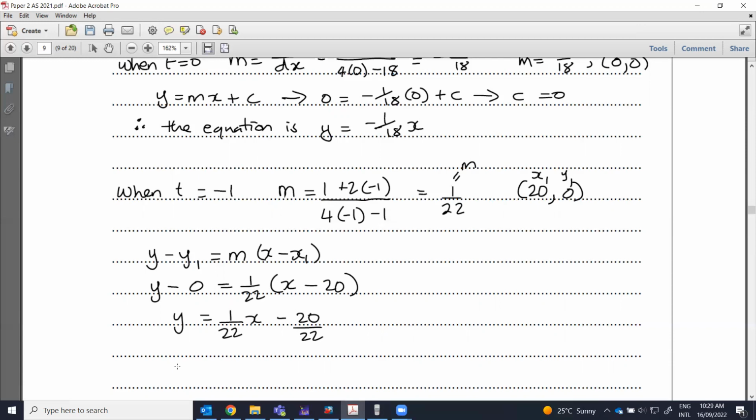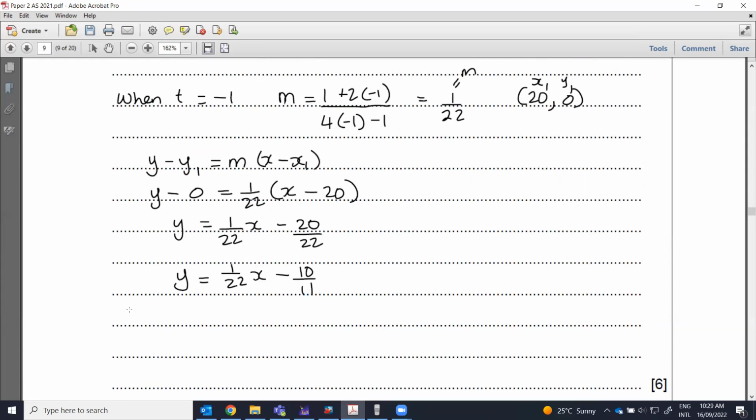We still want to simplify this: 1 over 22 x, and then 10 over 11. So that is the equation of the tangent to the curve at those points.